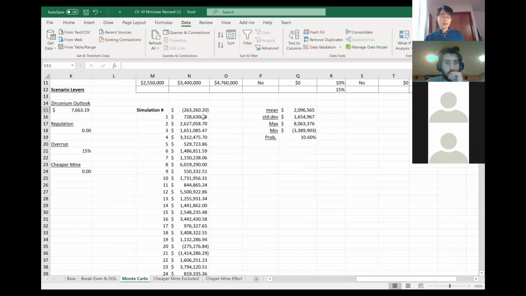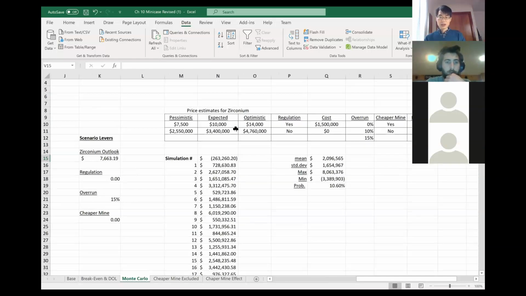When you randomly draw these variables 3,000 times, what is the mean value of the net present value? According to this simulation, mean net present value is 2 million. Standard deviation is 1.6 million. Maximum value out of that 3,000 simulation is 8 million. Minimum value is negative 3 million.